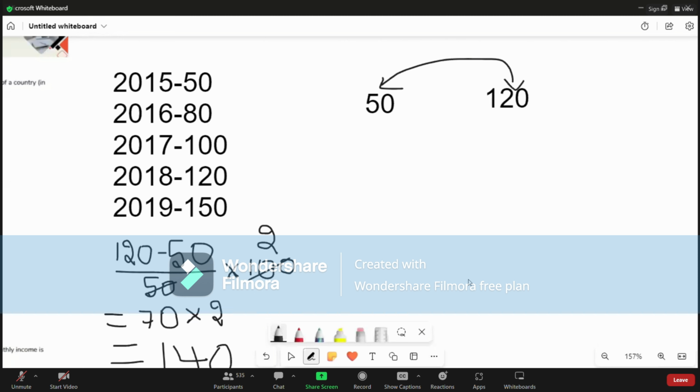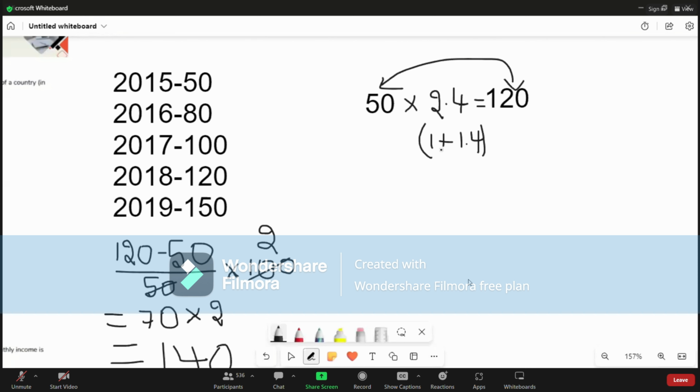For this question, there is one more method: you check by what number you have to multiply this to reach 120. So 50 into, it will be like 2.4 or something. Okay, so this you can write as 1 plus 1.4.